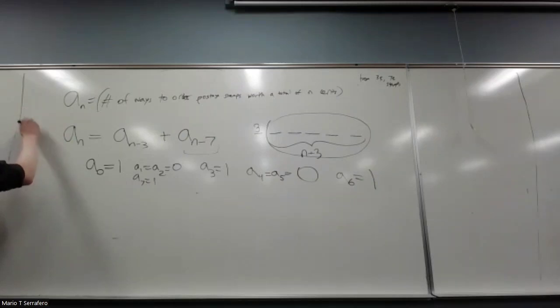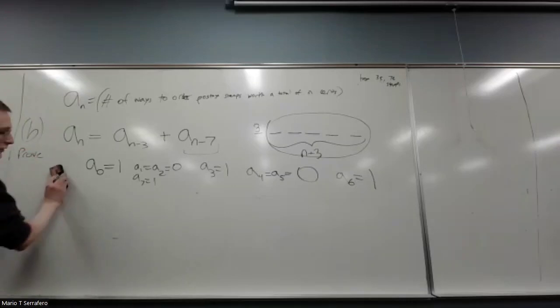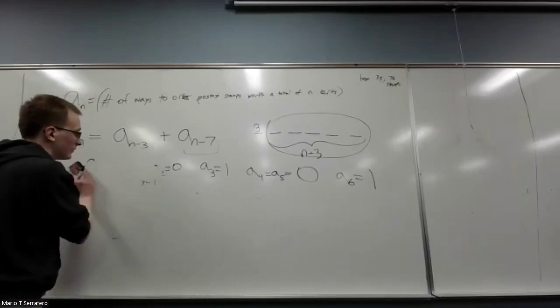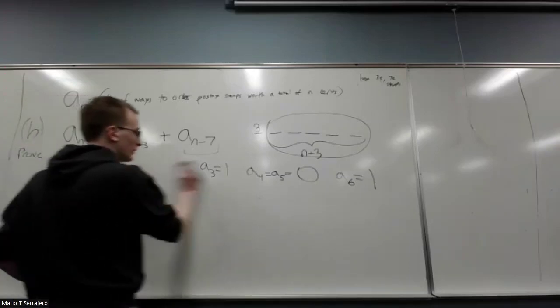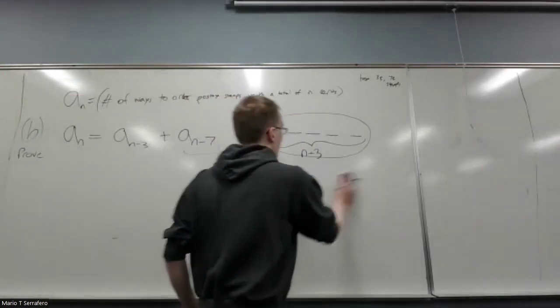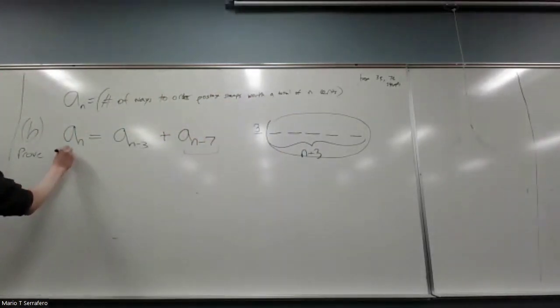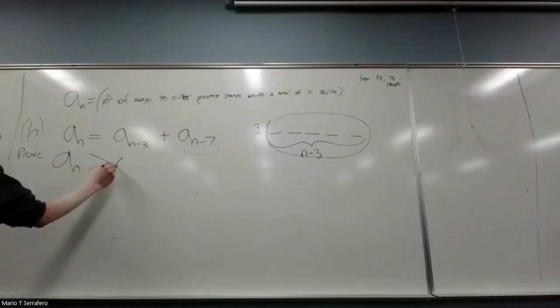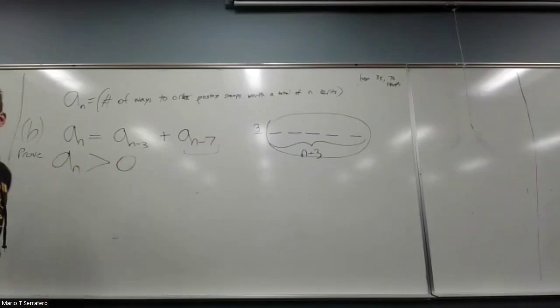So basically what this is saying, and then we want to prove, put together, exactly. Yeah. We'll prove that a_n is greater than 0.